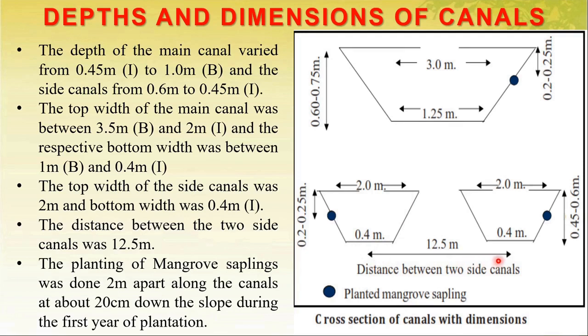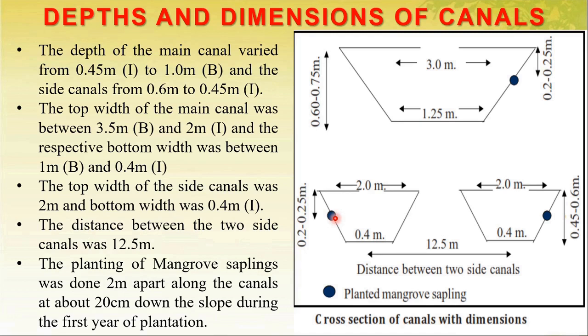Planting of mangrove saplings was done 2 meter apart along the canal and at about 20 centimeter down the slope during the first year of plantation.